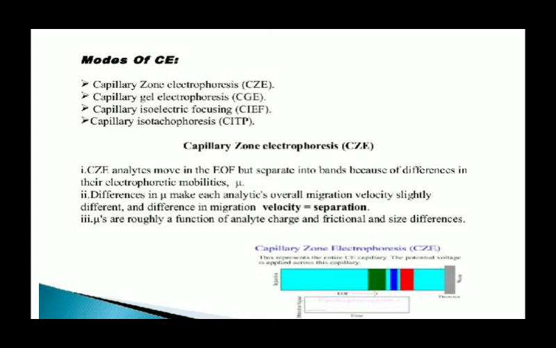Usually the end of the capillary containing the sample is the anode, and the solute migrates towards the cathode at a velocity determined by its electrophoretic mobility and electroosmotic flow. In capillary zone electrophoresis, in addition to the solute, the buffer solution also moves through the capillary under the influence of an electric field.